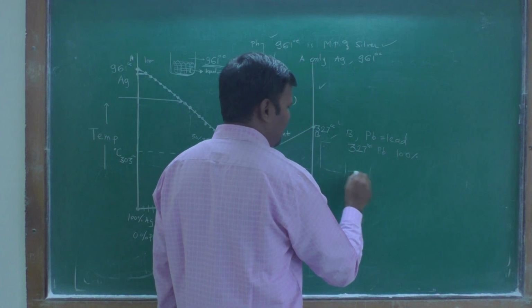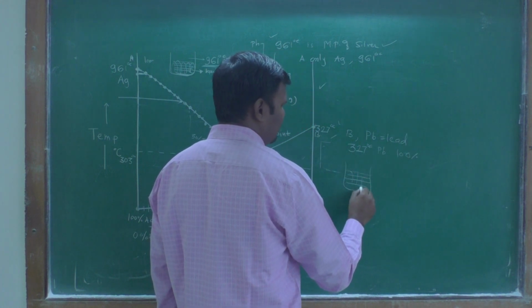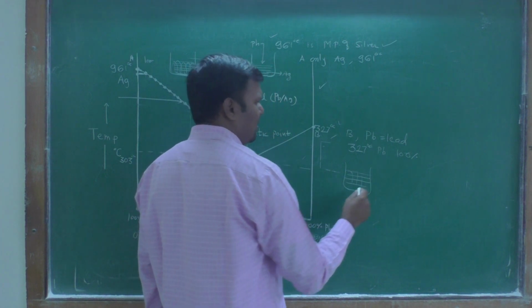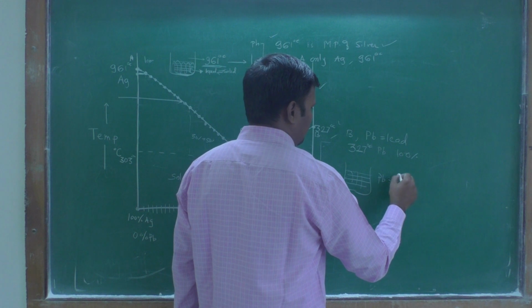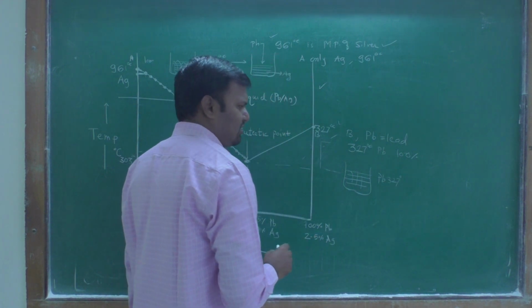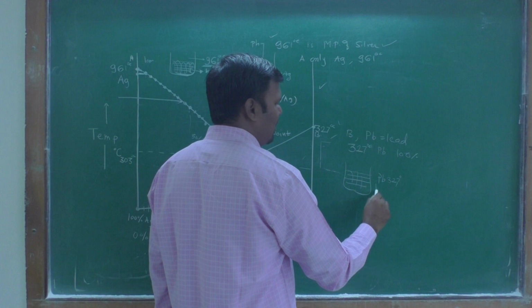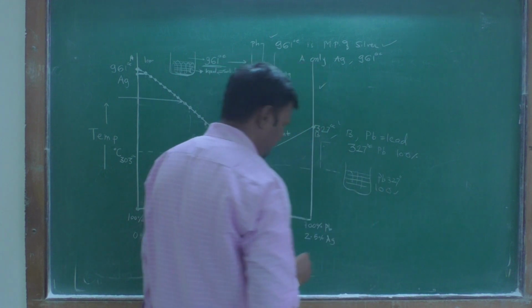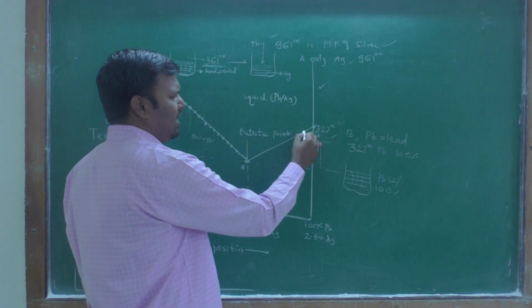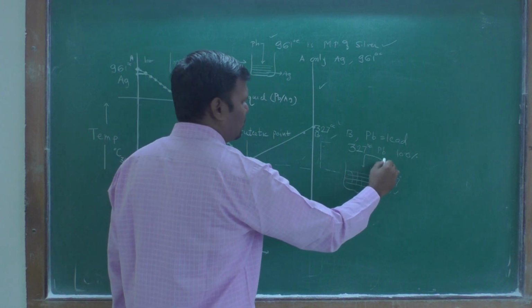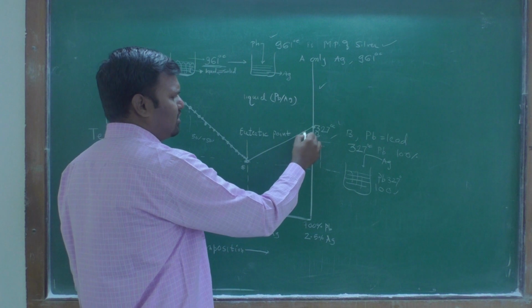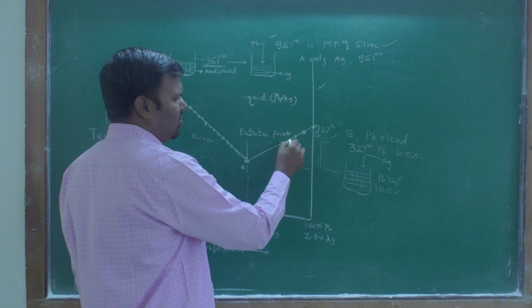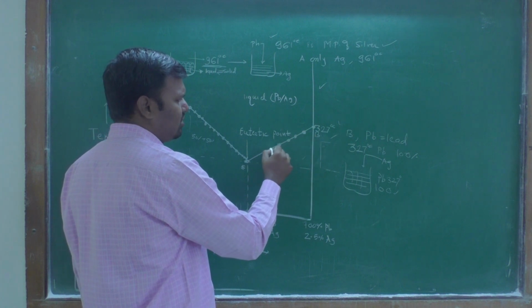At this point Pb is melted, solid and liquid are there, and it melts at 327 degrees Celsius, and only 100% lead is present. As soon as you add the silver to this 100% Pb, its melting point, or its freezing point, goes on decreasing.